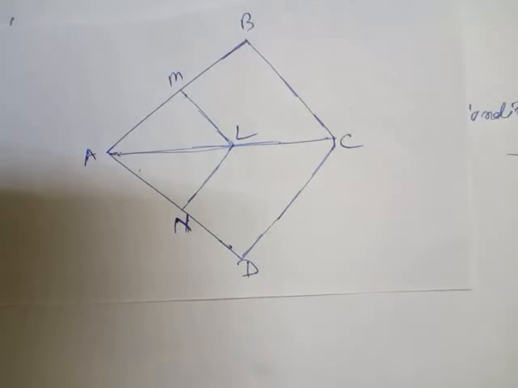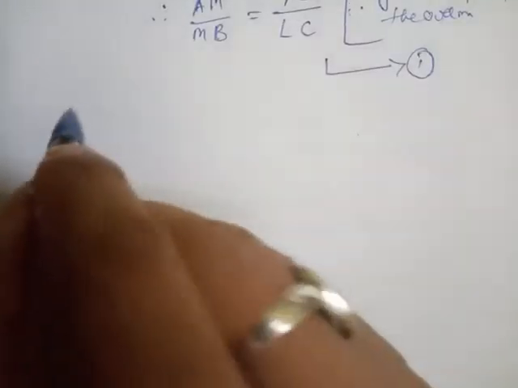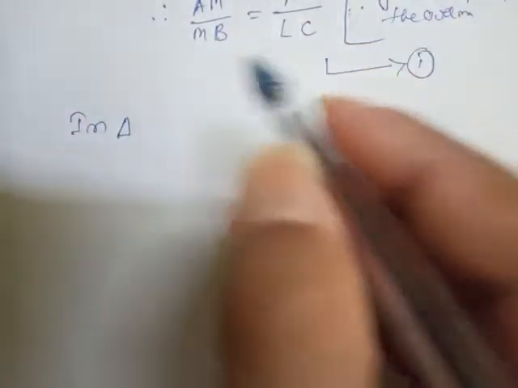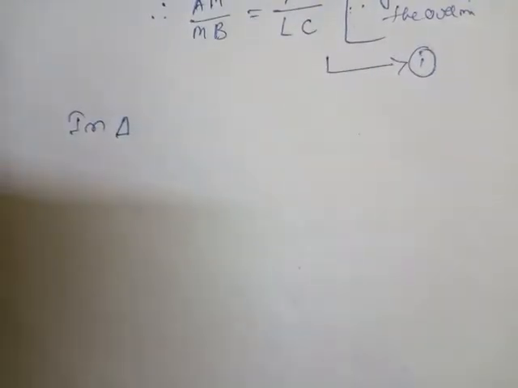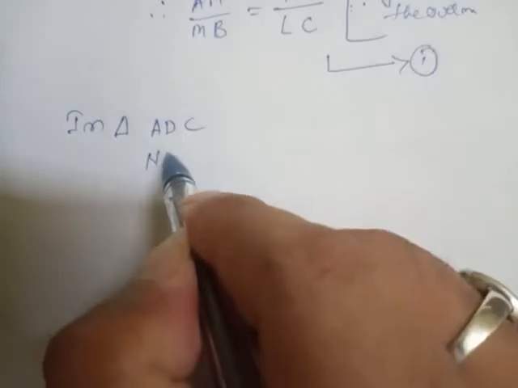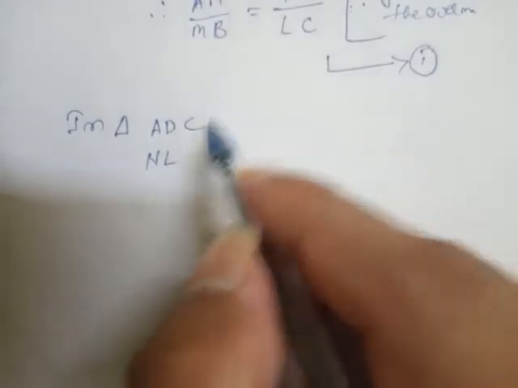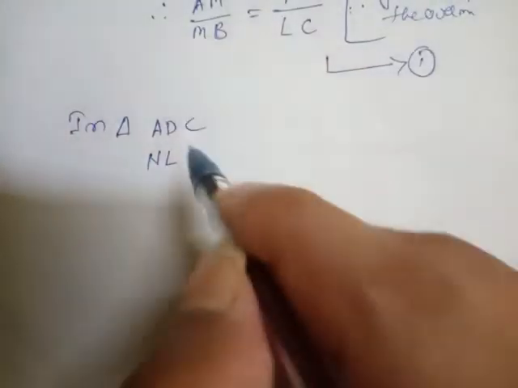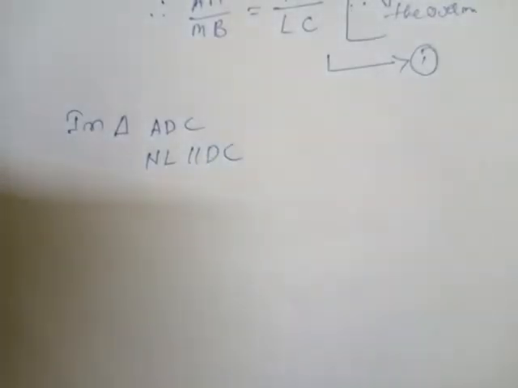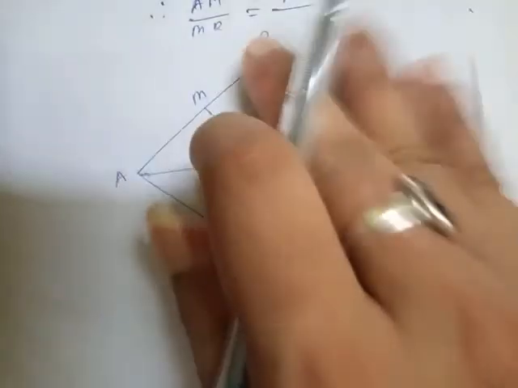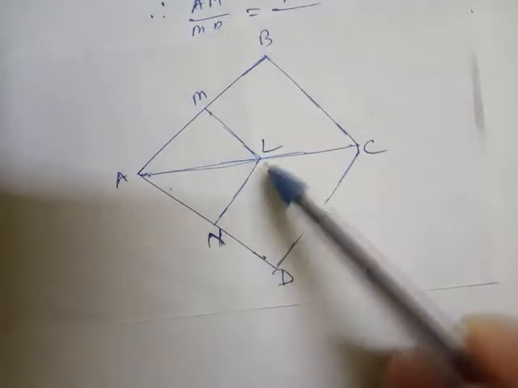Now let's write this part. In triangle ADC, there is NL or LN, whatever, parallel to CD. So here we can look, in triangle ADC, NL is parallel to CD.